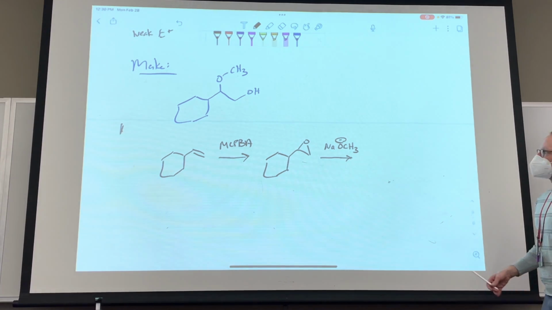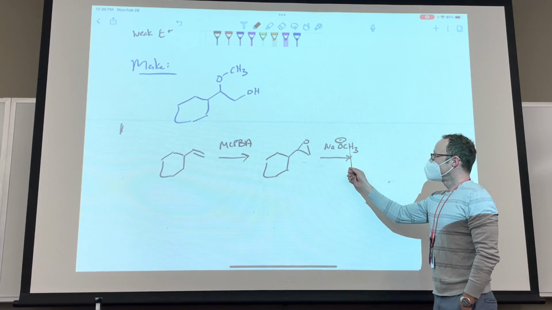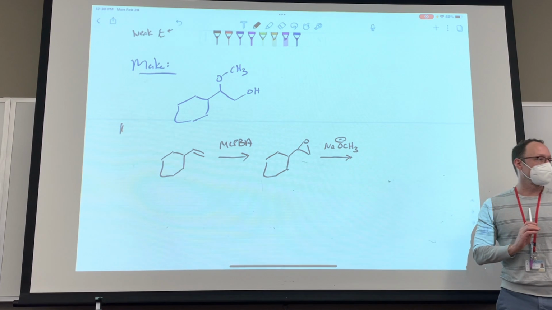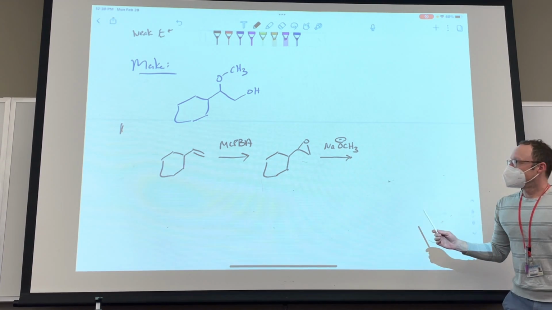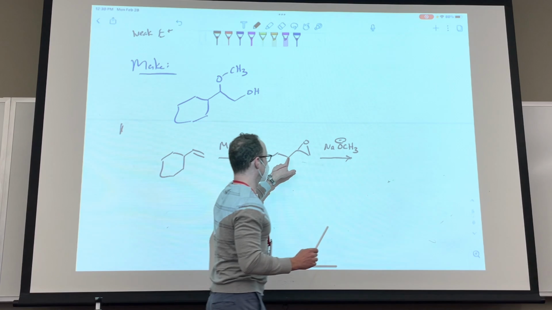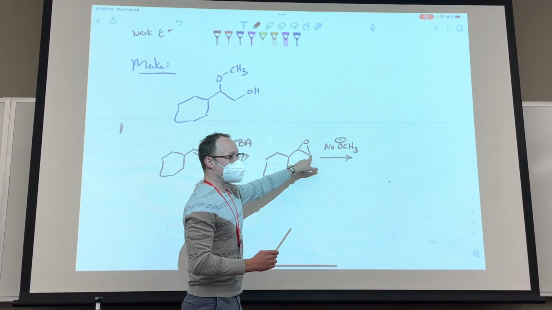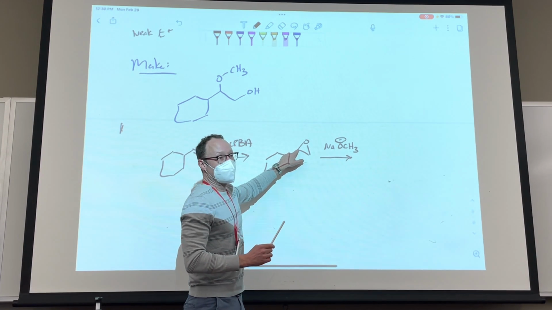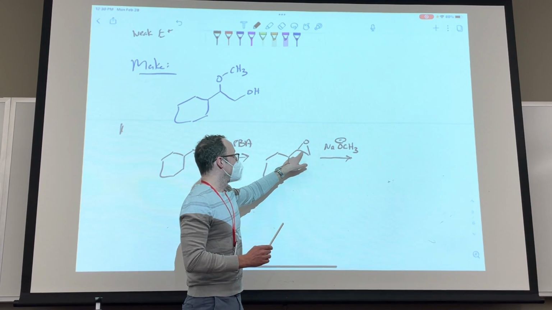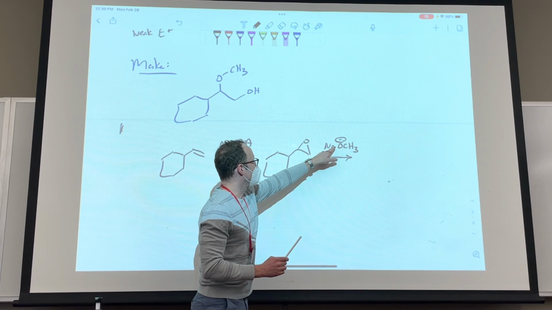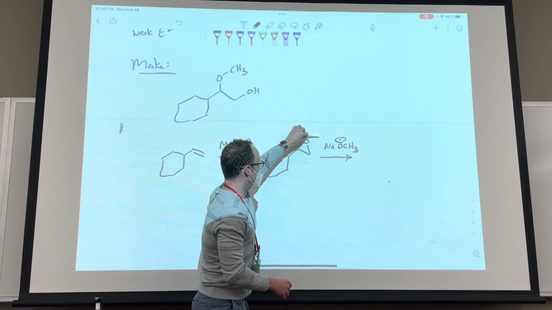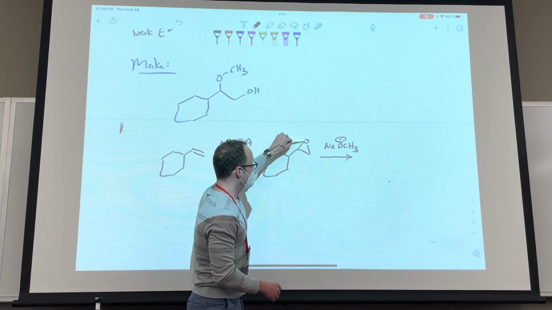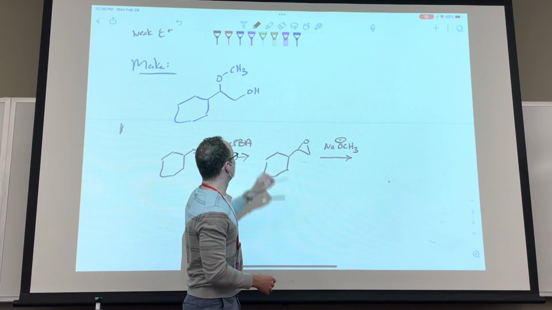What do we think? Maybe it's attached to the carbon that's tertiary bonded? The tertiary one? No, the one between those two. This one? Yeah. Well, that's what we would want, huh? Because if the methoxide came in and attacked there, yeah, it would open up this way, and that would give us the product we're trying to make.